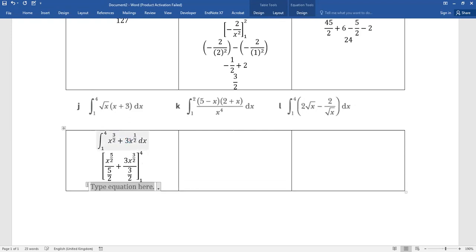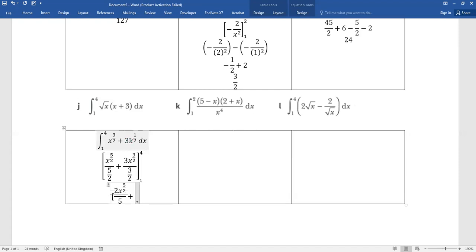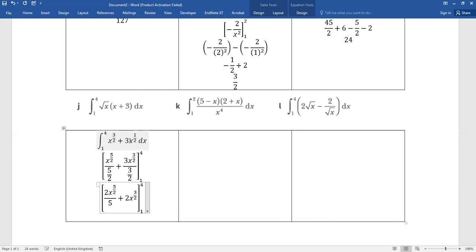We should simplify it before going on. So we get 2x, or we can write 2 is square root of x to the power 5, or just write x to the power 5 over 2 upon 5 plus 2x to the power 3 over 2. And you plug in the upper limit 4 and the lower limit 1. So what is the value that you get?